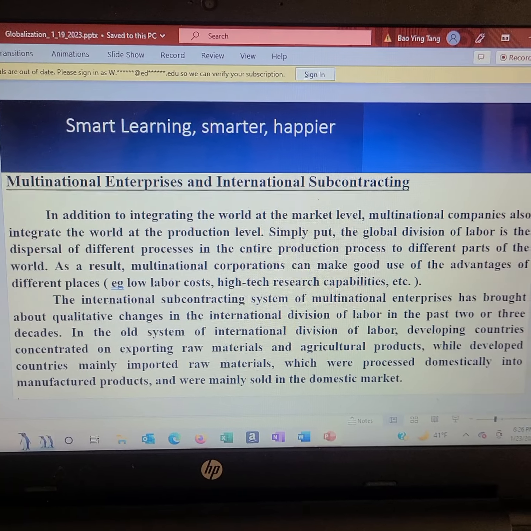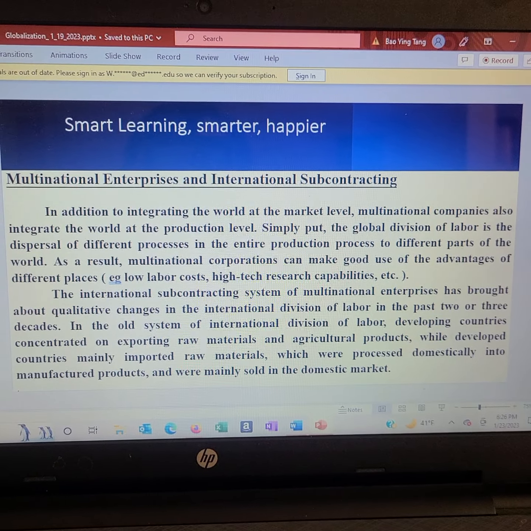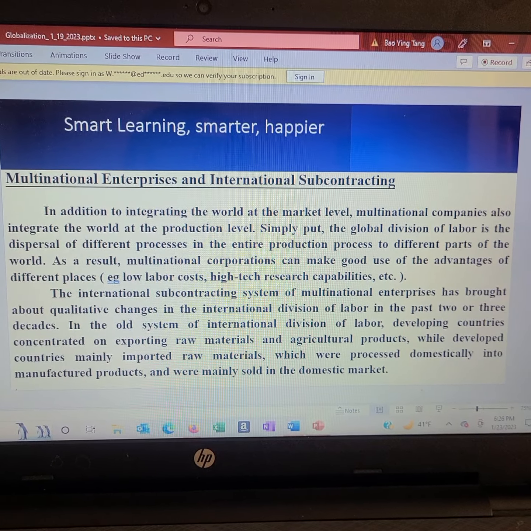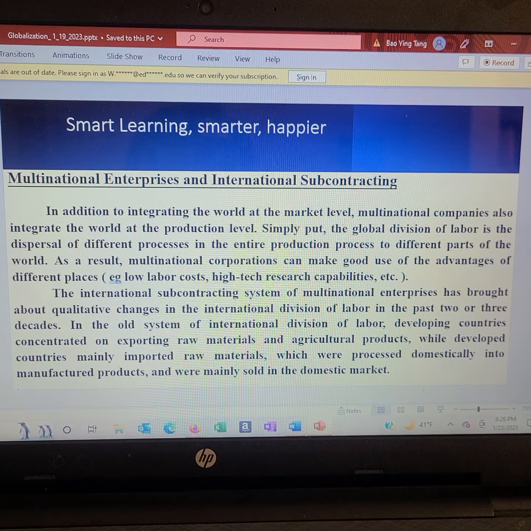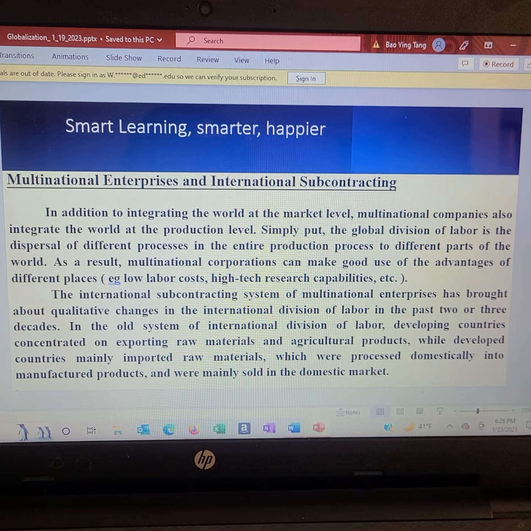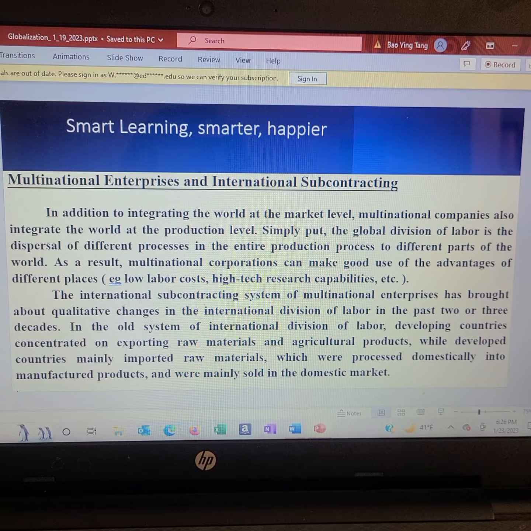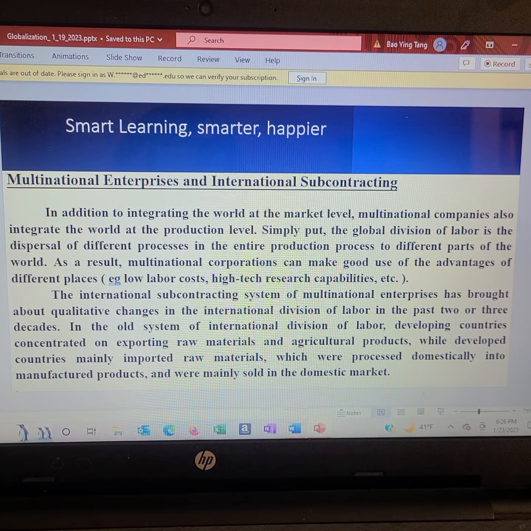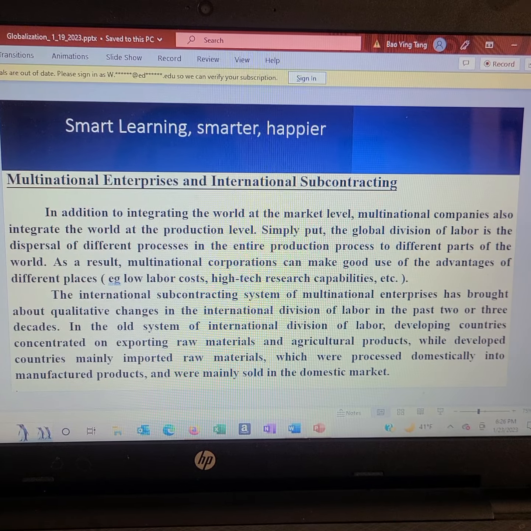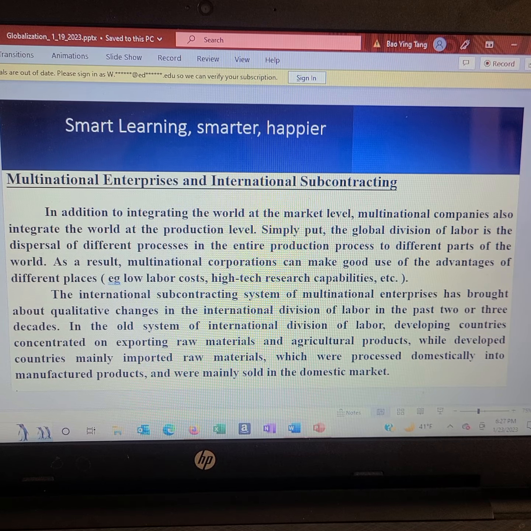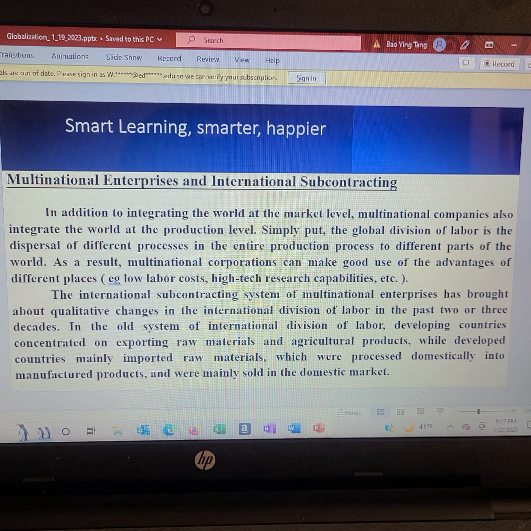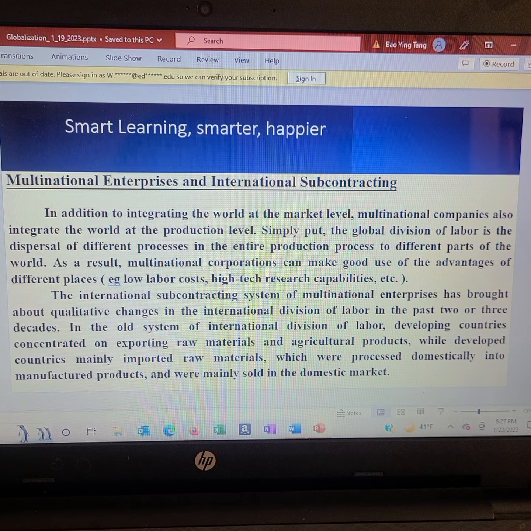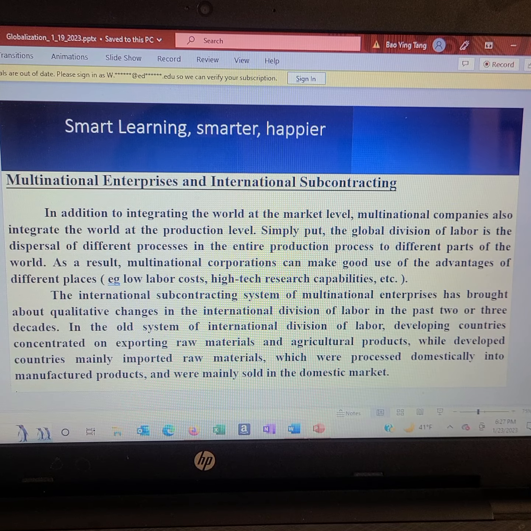Next, we want to talk about multinational enterprise and international subcontracting. In addition to integrating the world at the market level, multinational companies also integrate the world at the production level. Simply put, the global division of labor is the dispersal of different processes in the entire production process to different parts of the world.